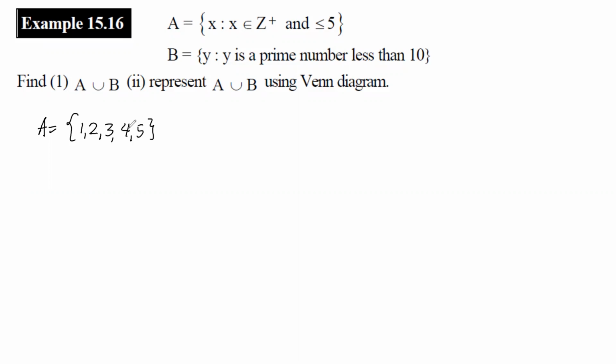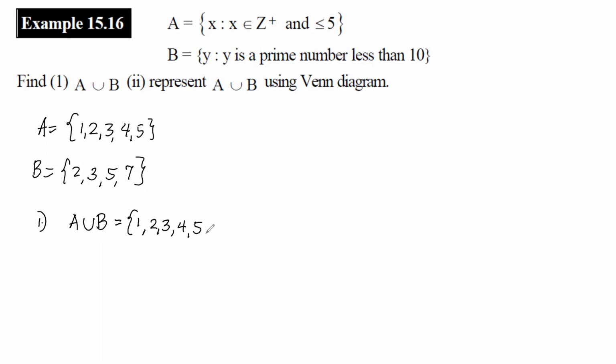And for set B, we have y such that y is a prime number less than 10. Prime numbers, we have 2, 3, 5, 7. A union B, which is, we will just combine. 1, naulit si 2, si 3, pero isulat lang natin siya. 2, 3, 4, 5, and 7. That is A union B. Pagsasamahin nyo lang lahat ng elements A at B.